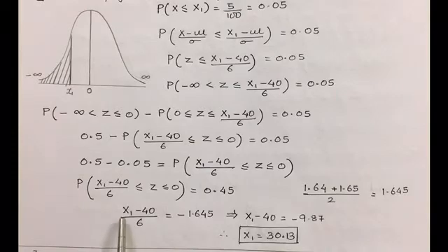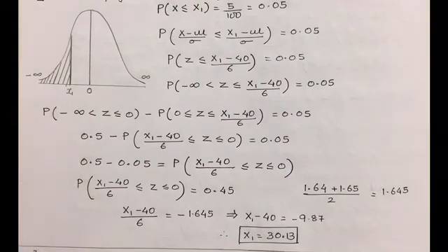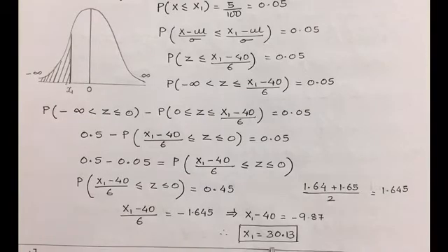So we write here (x1 minus 40) divided by 6 is equal to minus 1.645. The reason, x1 is lying towards the negative side. Multiplying with 6 we get minus 9.87 and adding 40 and calculating it, the x1 value is 30.13.